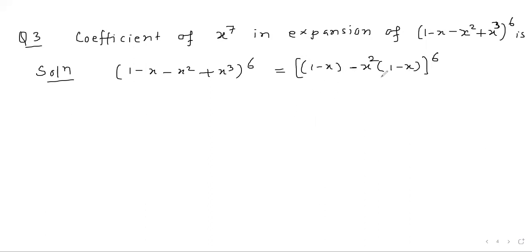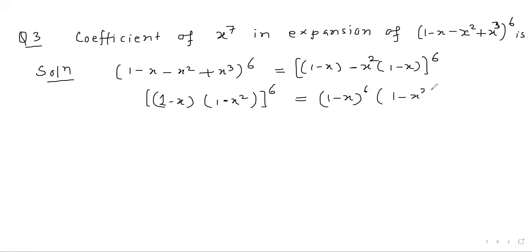So we can factorize it. So we will get (1 minus x) times (1 minus x square) whole power 6. So we can write it like (1 minus x) power 6 into (1 minus x square) whole power 6.